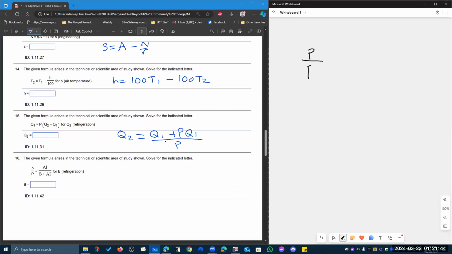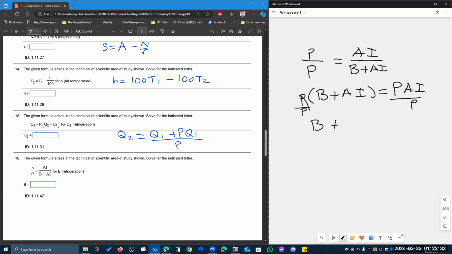Little p over big P is equal to capital A, capital I over big B plus capital A, capital I. We're going to solve for B. We're just going to cross multiply here: little p times big B plus capital A, capital I equals big P, A, I. So let's divide by little p.